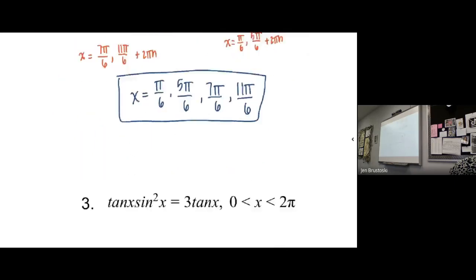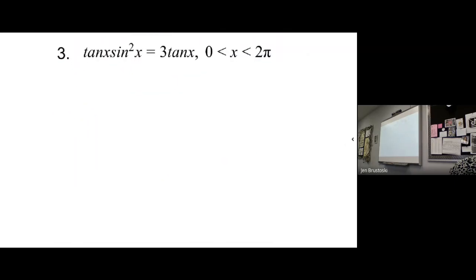Okay, and then I think this is our last example. So for this one, let's subtract 3 tangent of x from both sides so we have one side equal to 0.